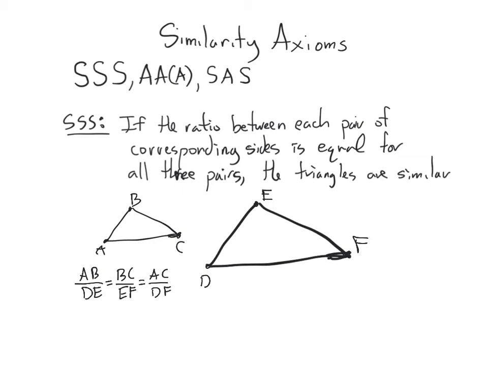If I find that whatever ratio I do with the corresponding pairs of sides, I get the same number, that's enough to tell me that triangle ABC is similar to triangle DEF. And when it's similar, I get the angle information. Once I know it's similar, I know that the corresponding angles are equal. So I get the rest of the information. So now that I know it's similar. So that's how side, side, side works.